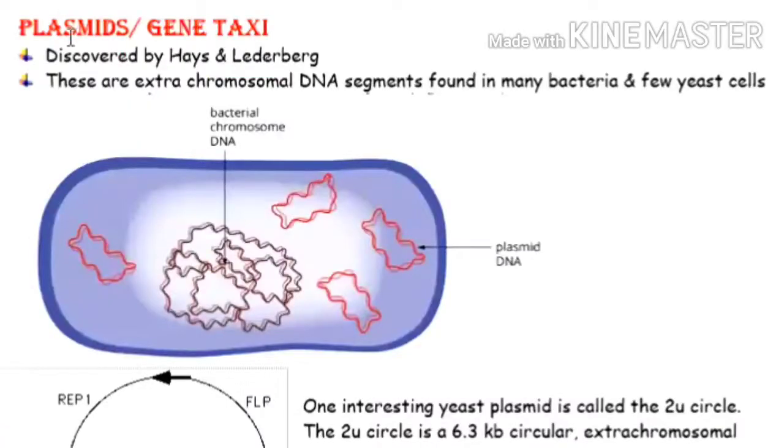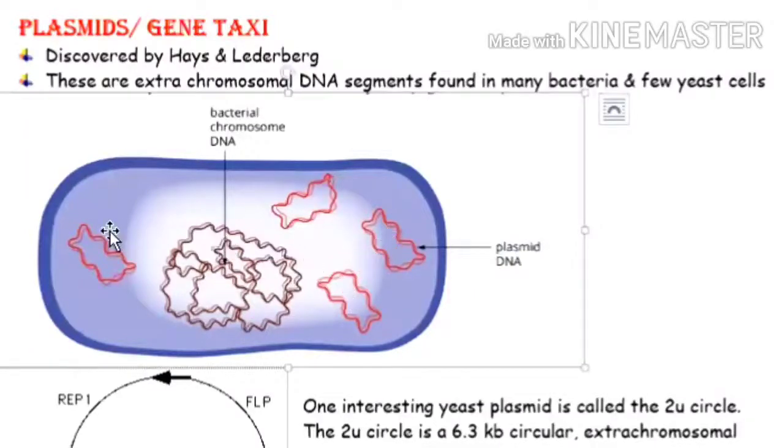Now see here, plasmids are also known as gene taxis. They were discovered by Hayes and Lederberg, and they are found in the majority of prokaryotes, and they can be present in a few yeast cells also. By this diagram you can analyze it. This is your bacterial DNA, which we call the genophore or incipient nucleus, and these are your plasmids.